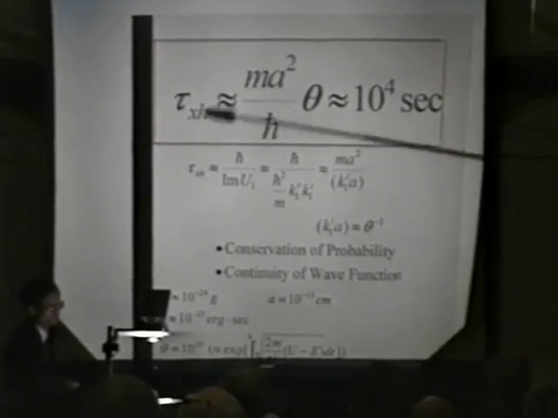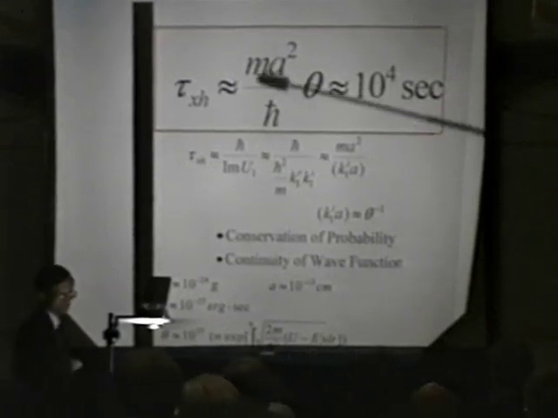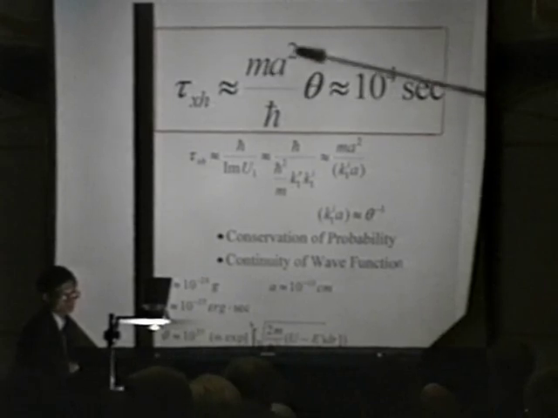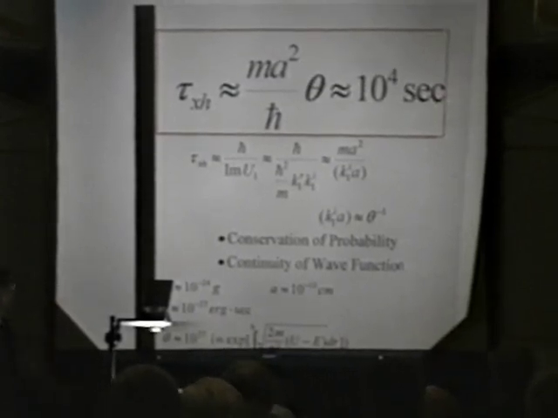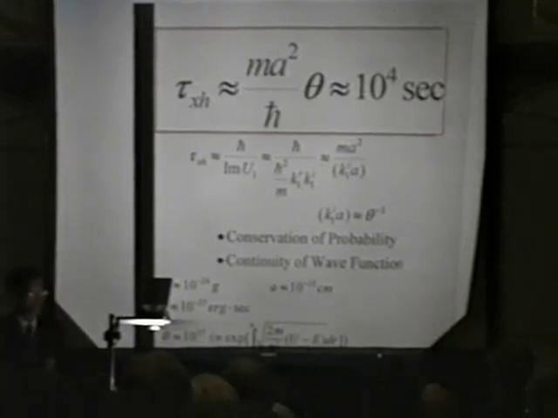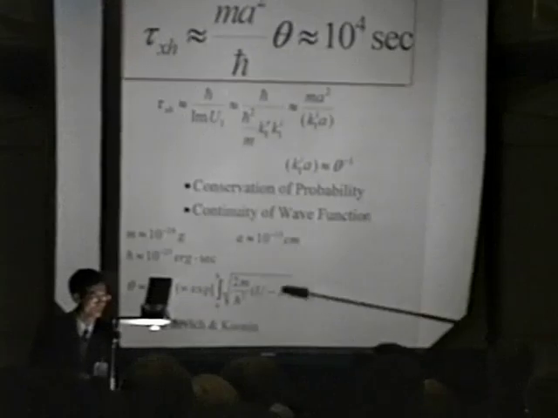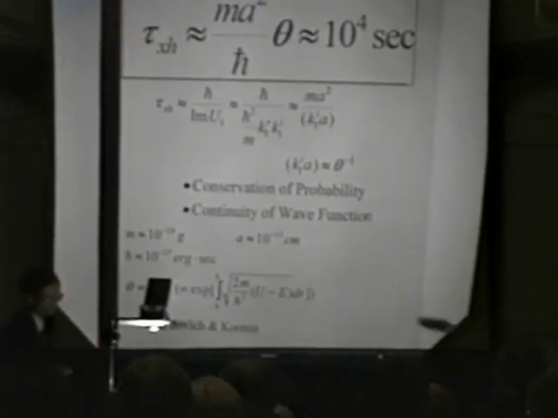This is the lifetime for the excess heat. This is the mass. This A is the size of nuclear interaction, H is the Planck constant. The theta is the famous gamma factor, defined in a conventional way.